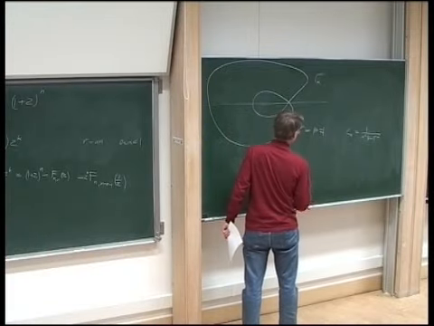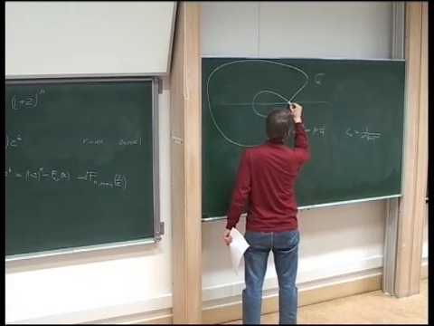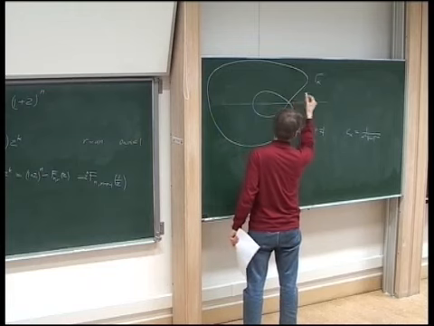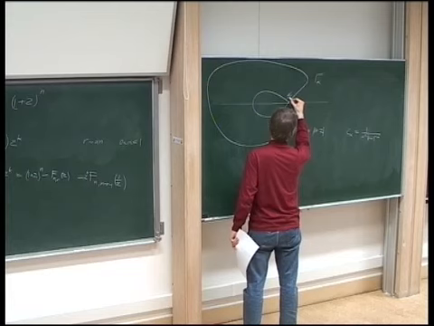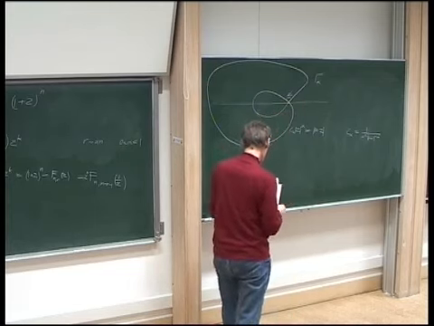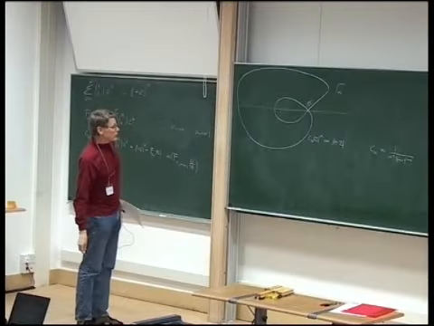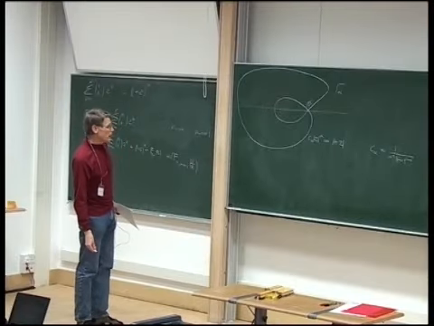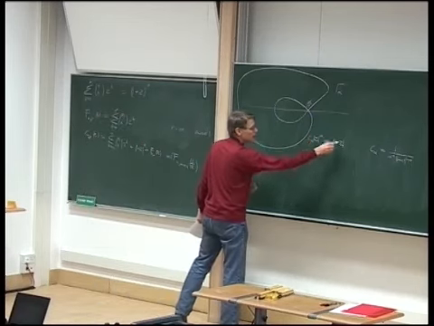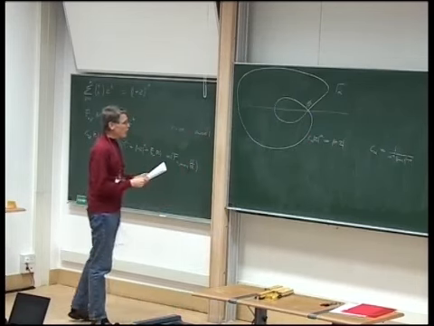Maybe the important thing is that this C alpha is such that the curve passes through a point here, which is just alpha over 1 minus alpha. Okay, we'll see later why this comes out, or perhaps not later.